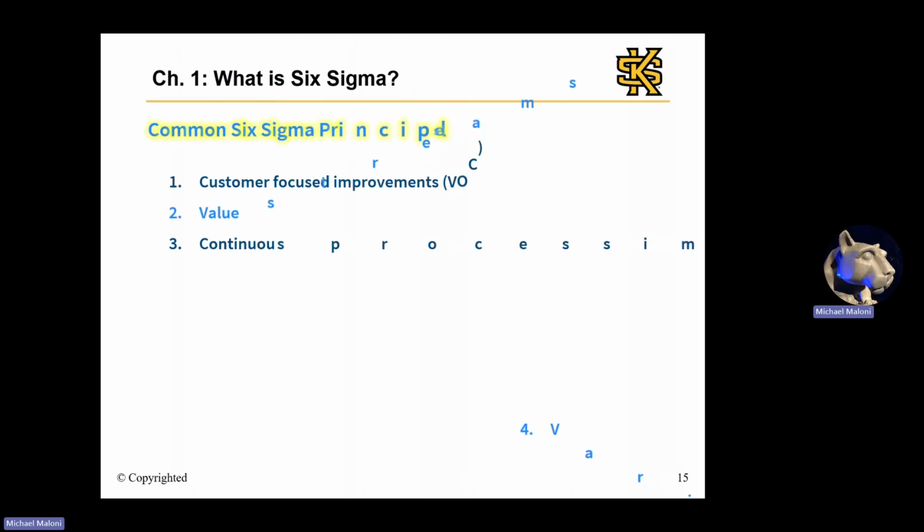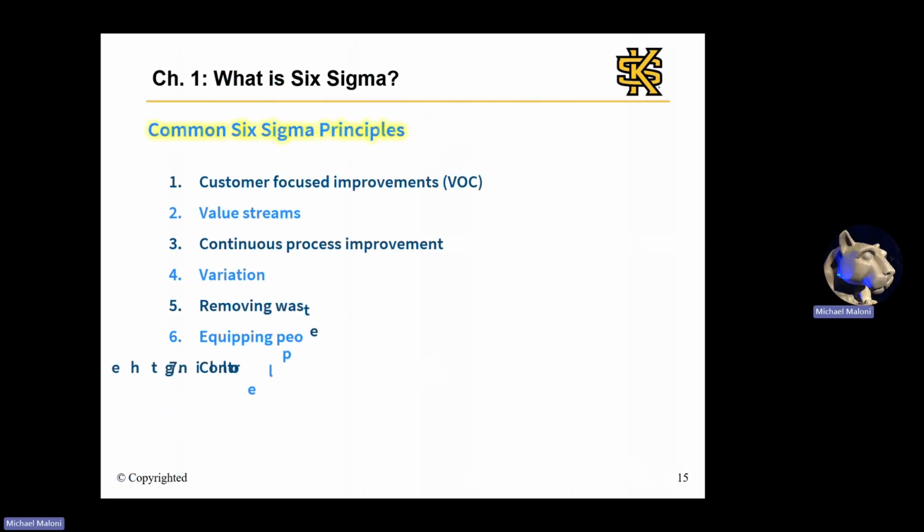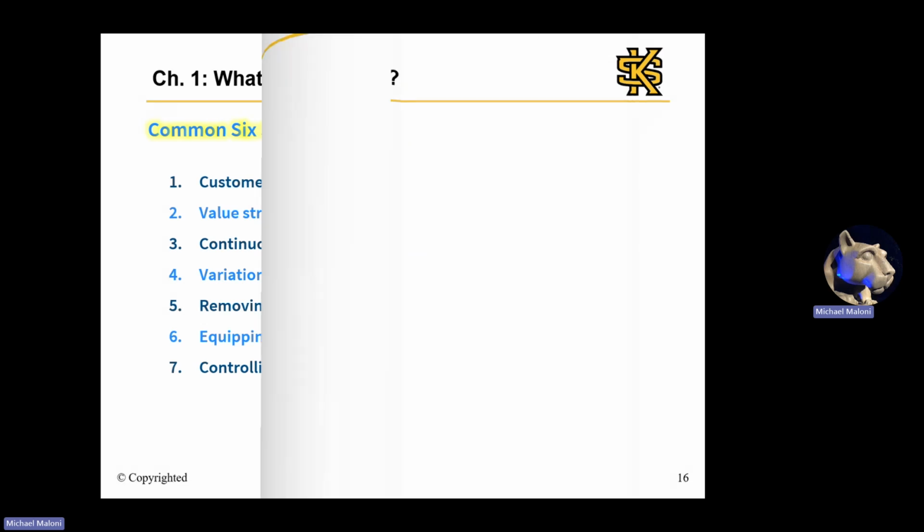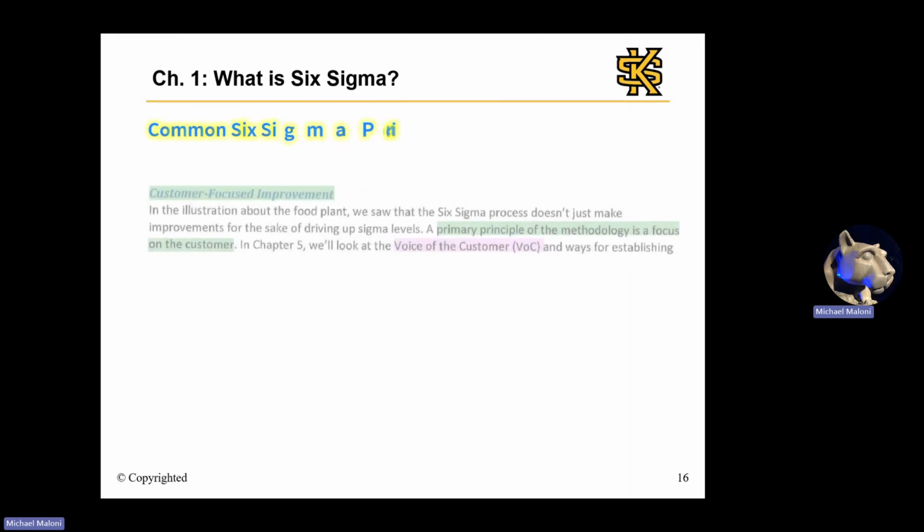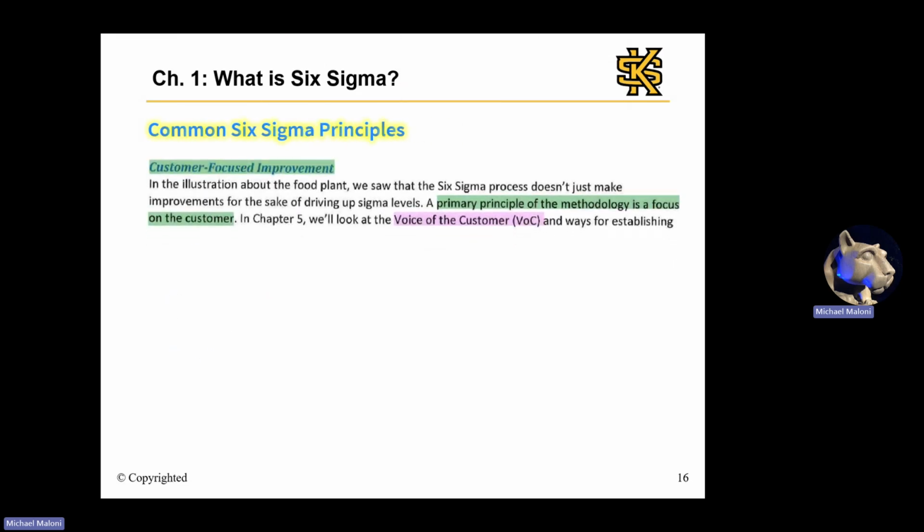The text next presents several principles of Six Sigma, starting with customer-focused improvements. Improve the value delivered to our customers. And that includes determining the voice of the customer, the VOC, which means detailed customer expectations.